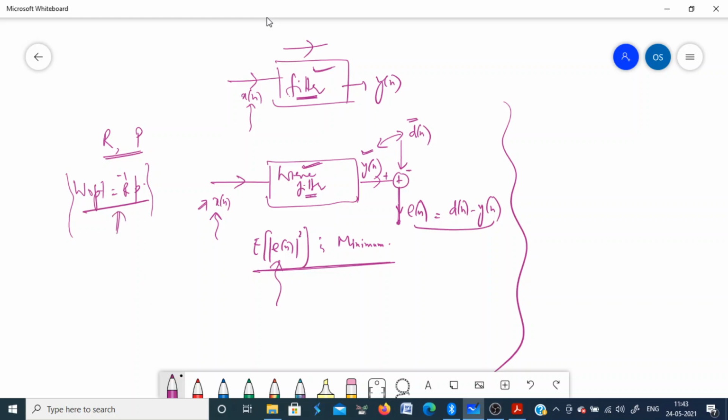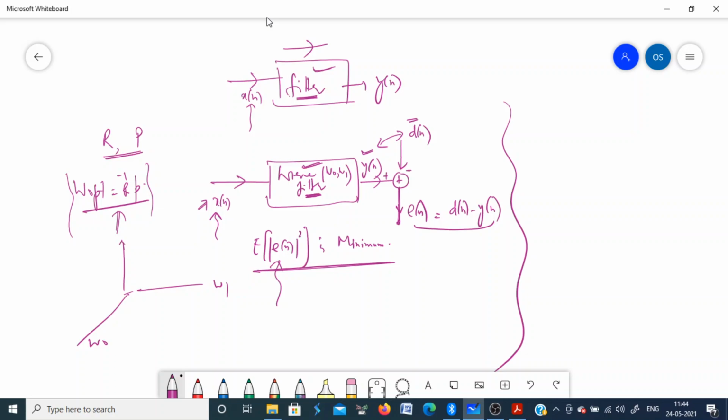Okay. So if you plot the mean square error as a function of filter coefficients, this Wiener filter basically finds the minimum mean square error. Suppose you have two filter coefficients W0 and W1, and you have some input and desired response, and you have to minimize this error.